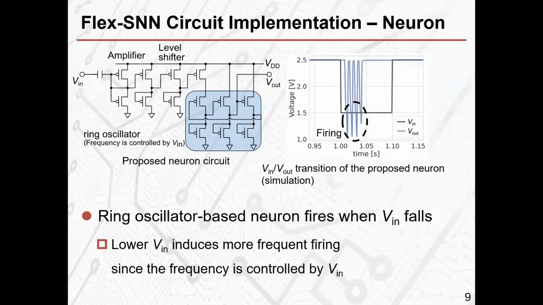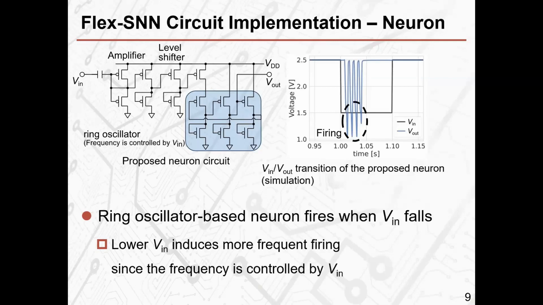And here I show the neuron circuit structure. The left side figure shows the neuron circuit schematic, and this neuron is composed of an amplifier, a level shifter, and a ring oscillator. The synapse matrix output signals are fed to the V-in, and these spikes are first amplified and down level shifted, and finally fed to the ring oscillator. And this ring oscillator's frequency is controlled by V-in.